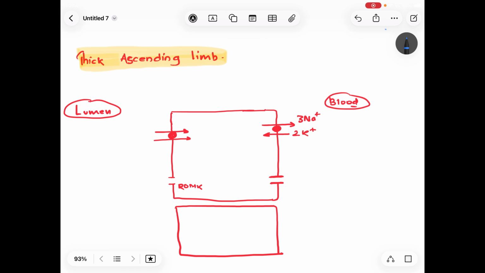Okay, so coming to the next part of the nephron, which is the thick ascending loop of Henle. Again we have two types of transport. The first one is the paracellular pathway, in which solutes like potassium, magnesium, calcium are absorbed passively through the channel protein known as claudin. This is again a passive process.